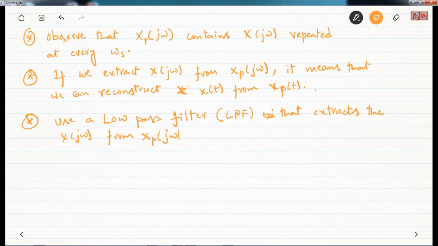So, right. I'll again draw the diagram here. So we have, this is our xp of j omega.